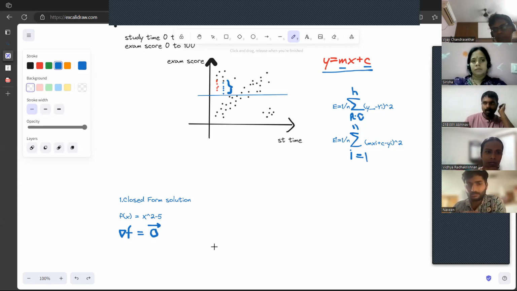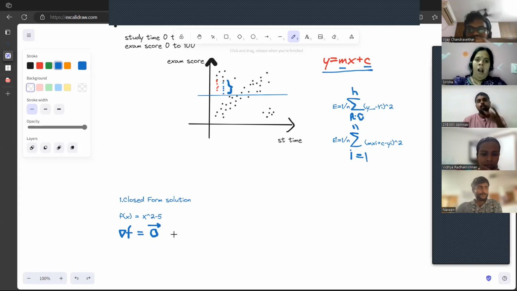So why can't we arrive at the precise solution? We are finding the minimum point easily by this method, so why do we go for gradient descent? You all will be asking. The problem with this is, in a two-dimensional case we can easily find the gradient and equate it to 0.